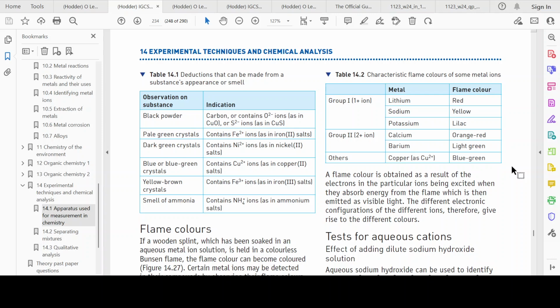So if something's white hot, that means it's really, really super hot, right? And white basically means that it's emitting the entire spectrum of visible light. So, these colors are because the electrons are being excited, and so they are emitting visible light. The different electronic configurations of the different ions therefore give rise to different colors.